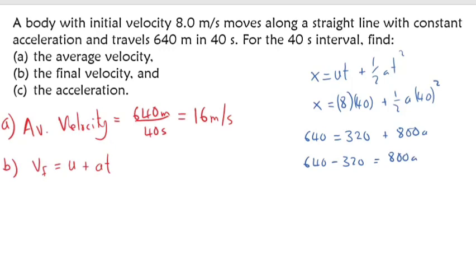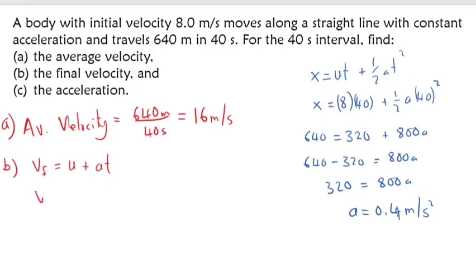So let's see what we obtain. On the left hand side, we have 320 equals 800a. This gives us an acceleration of 0.4. So acceleration a is 0.4 meters per second squared. Okay. So now that we have the acceleration, we can find the final velocity.